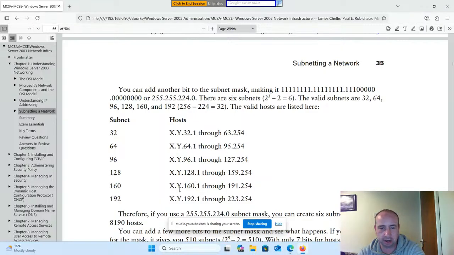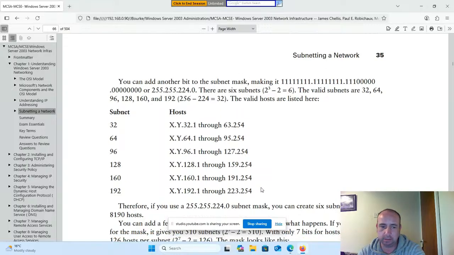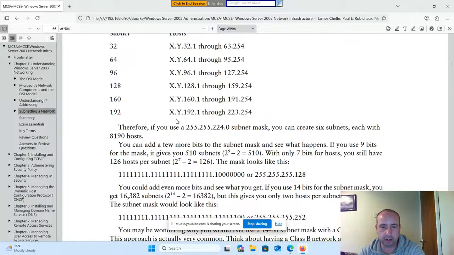Subnet 160: x.y.160.1 through 191.254. Subnet 192: x.y.192.1 through 223.254. Therefore, if you use a 255.255.224.0 subnet mask, you can create 6 subnets, each with 8,190 hosts.